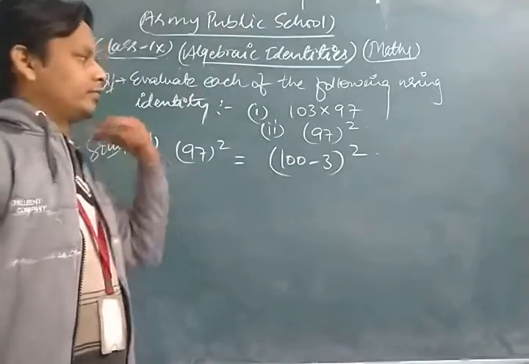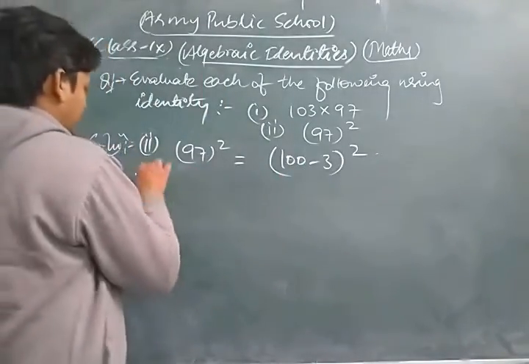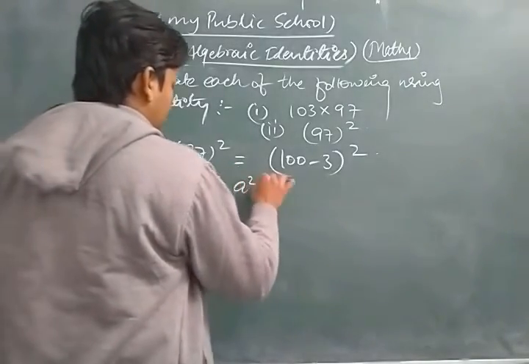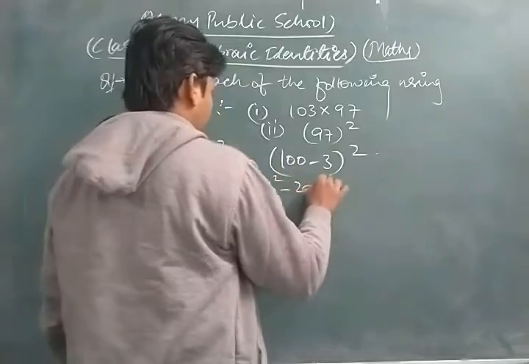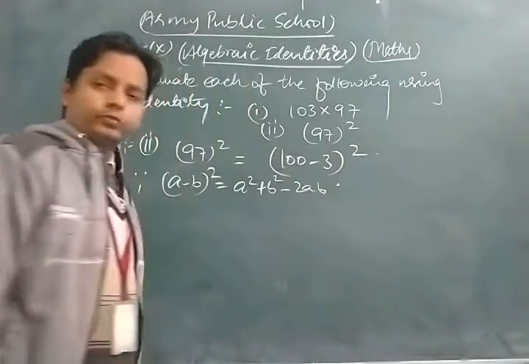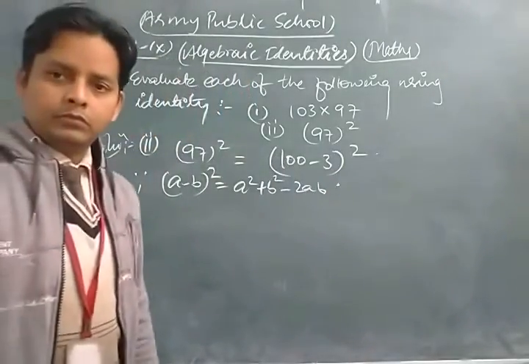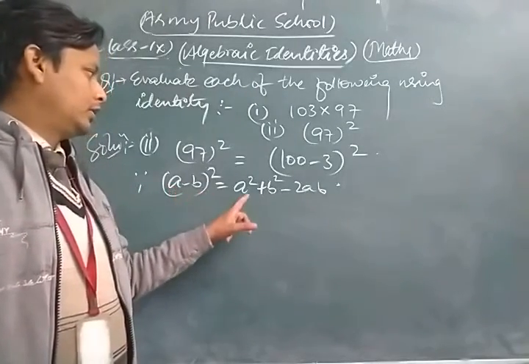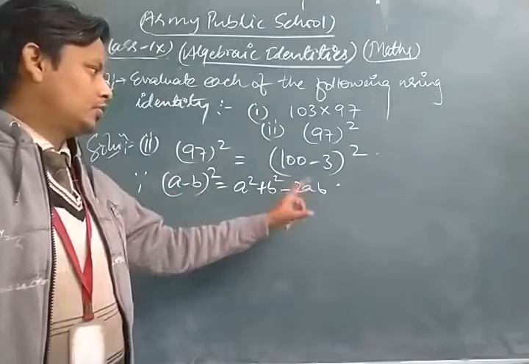Now look. Since a minus b whole square means a square plus b square minus 2ab. A minus b whole square means a square plus b square minus 2ab.